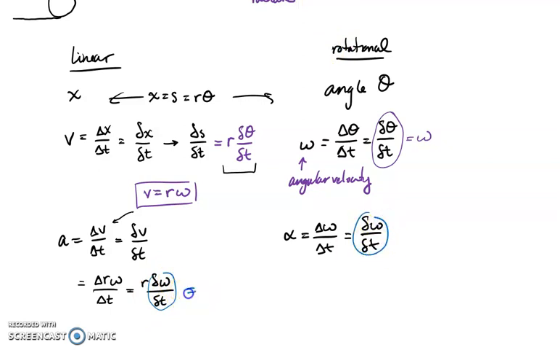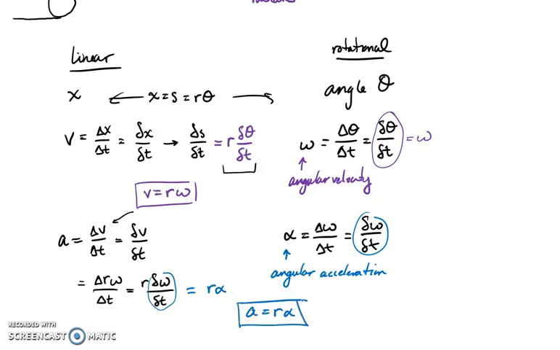So what that really means is that this is equal to the radius times this guy here, and that is our angular acceleration. All right, so then our equation that links linear acceleration to angular acceleration is you just kind of multiply that by r. You get that.